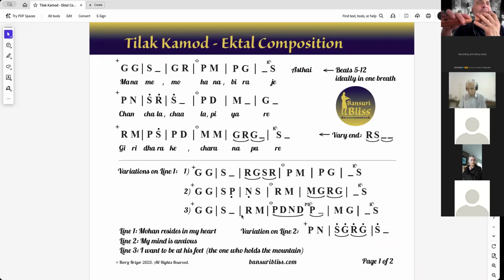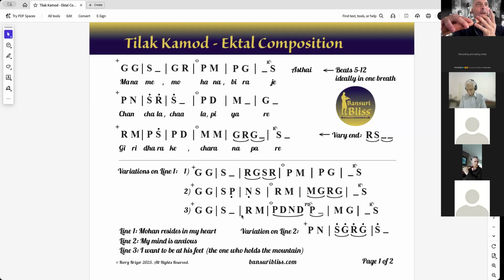Pa ma pa. You can do all that with da ornaments. Da pa, da ma, da pa. Pa to ga.